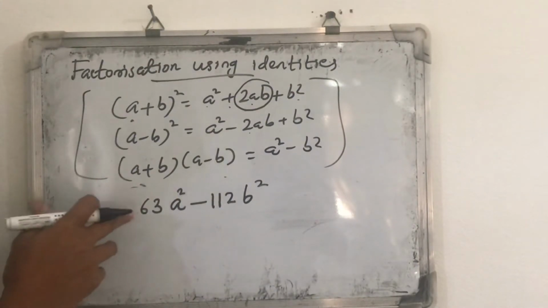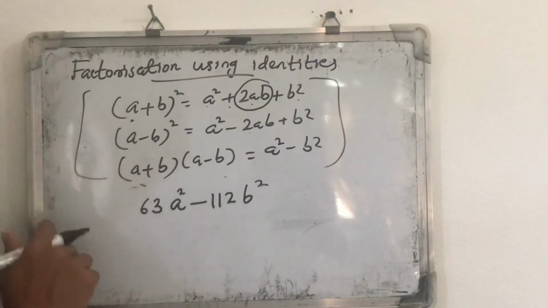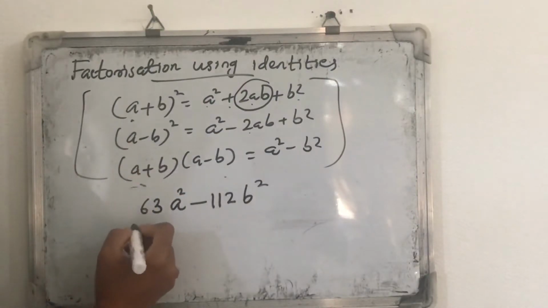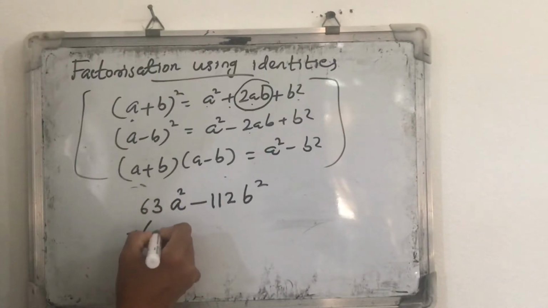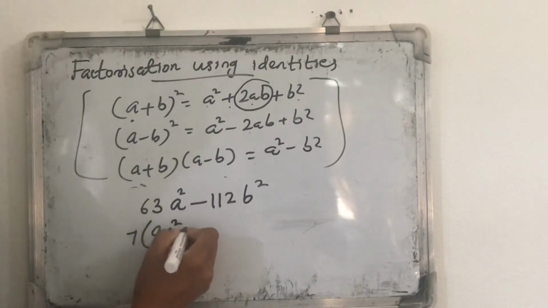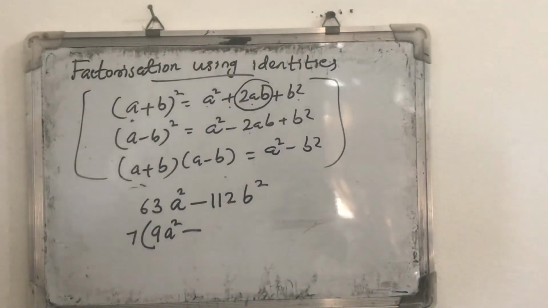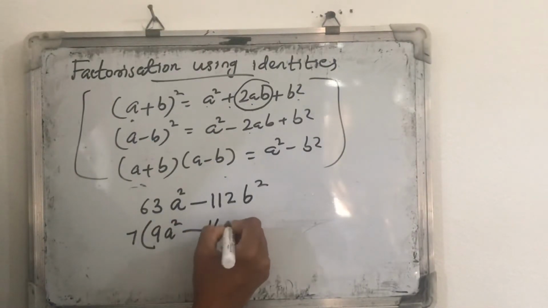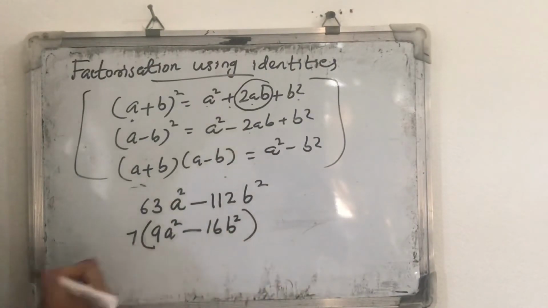We know it is 7 when we take it outside. 9 into 7 is 63, so 9 is a perfect square. When we take 7 outside, here remains 9a square. And 112 by 7 you will get 16, so 16b square.